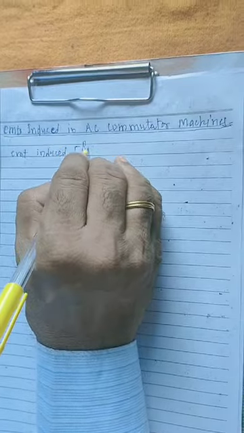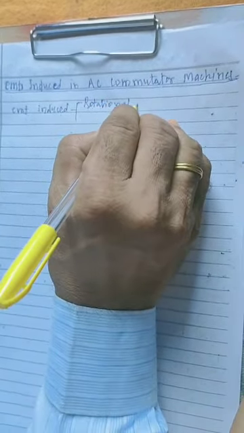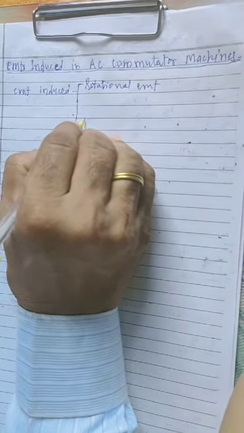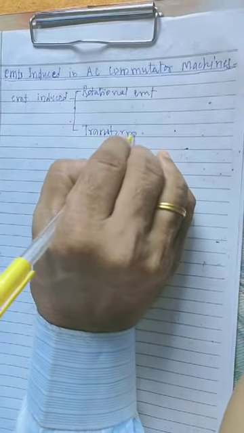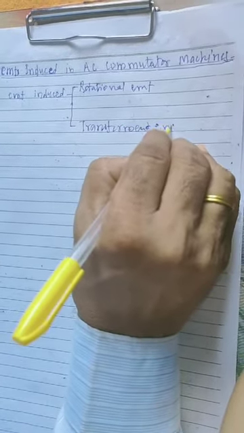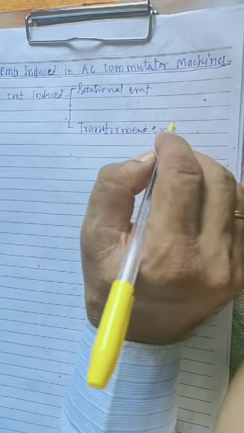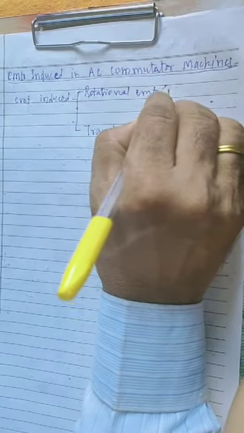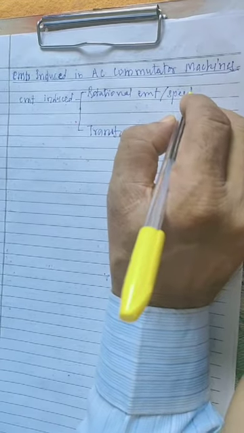One is rotational EMF, and second is the transformer EMF. So these are the EMFs induced in the AC commutator machine. Rotational EMF is sometimes called speed EMF, as it depends on the speed.